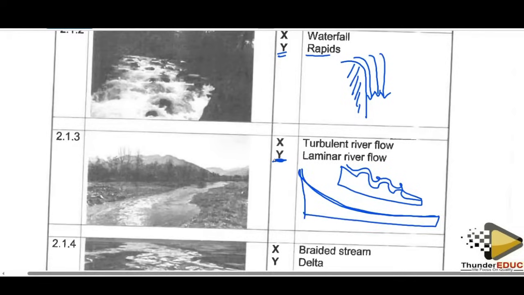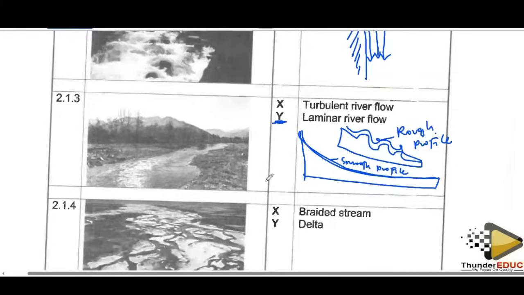Okay, so this is laminar, it has a smooth concave profile. You can see this one has a rough profile. That's why our answer will be laminar, which is Y.